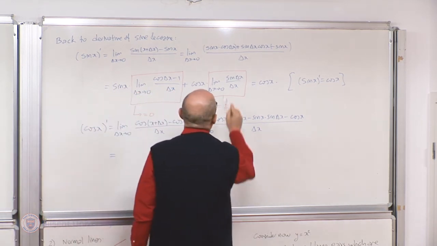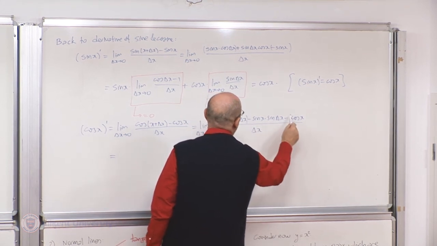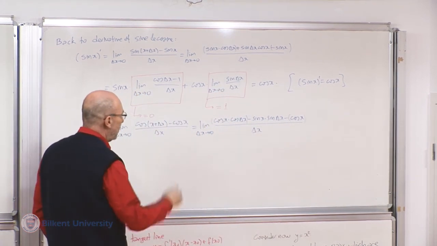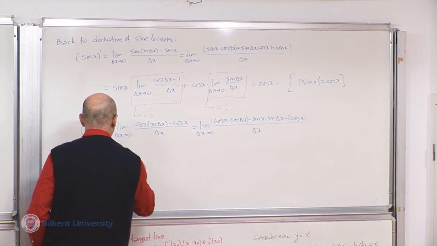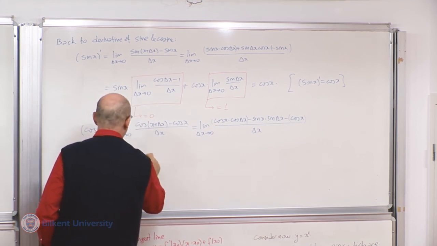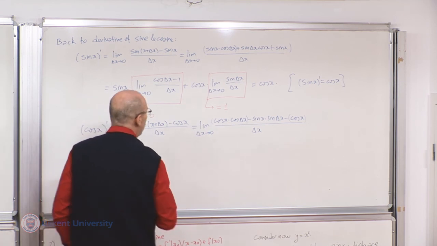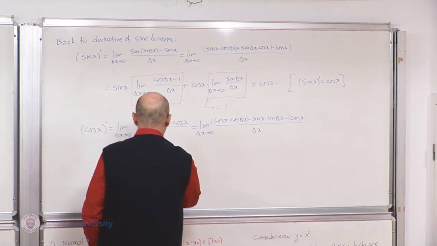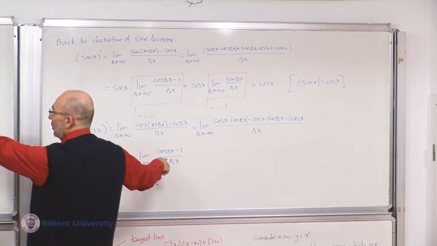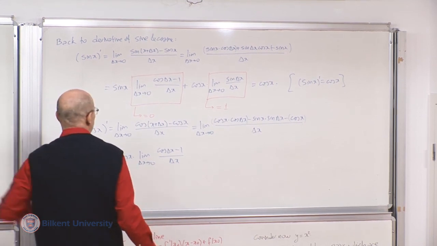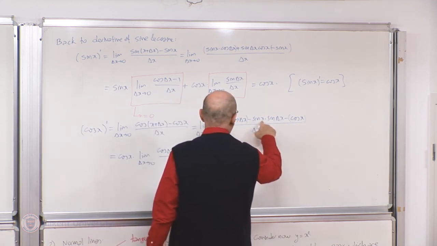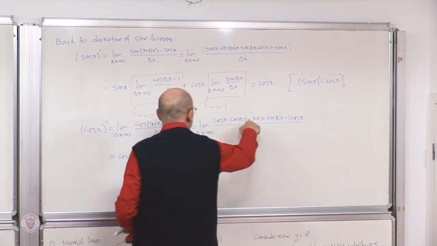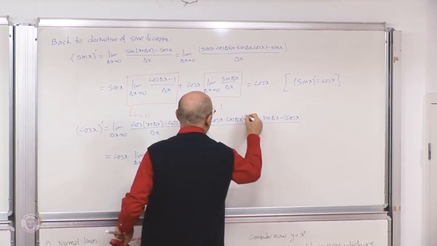Now again I'll take this part and that part. Cosine x is constant with respect to delta x, and delta x goes to 0, so I take cosine x out, just like we did here. Then we have the limit as delta x goes to 0 of cosine delta x minus 1 divided by delta x. This is the same limit I had here, and it is going to be 0. So far, so good. Then I have minus, the minus that comes out.